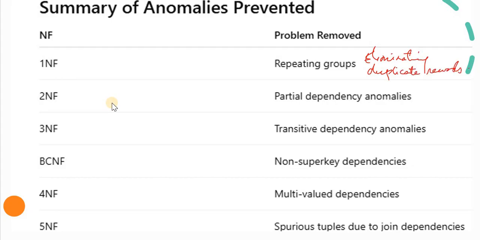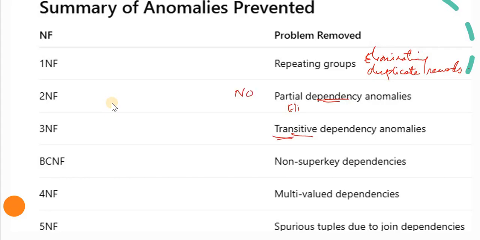That was done in first normal form. In second normal form, what did we do? We eliminated partial dependency. And in third normal form, we eliminated transitive dependencies. There should not be any transitive dependency.